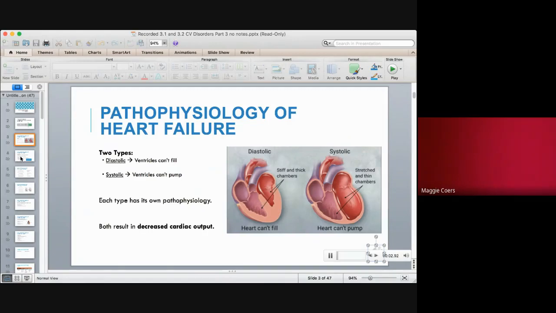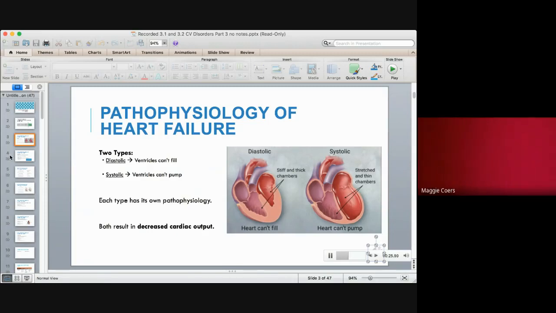All right, so pathophysiology of heart failure. First of all, there are two main types of heart failure: diastolic, which means that the ventricles can't fill, and systolic heart failure, which means that the ventricles can't pump. It's virtually impossible to have both.